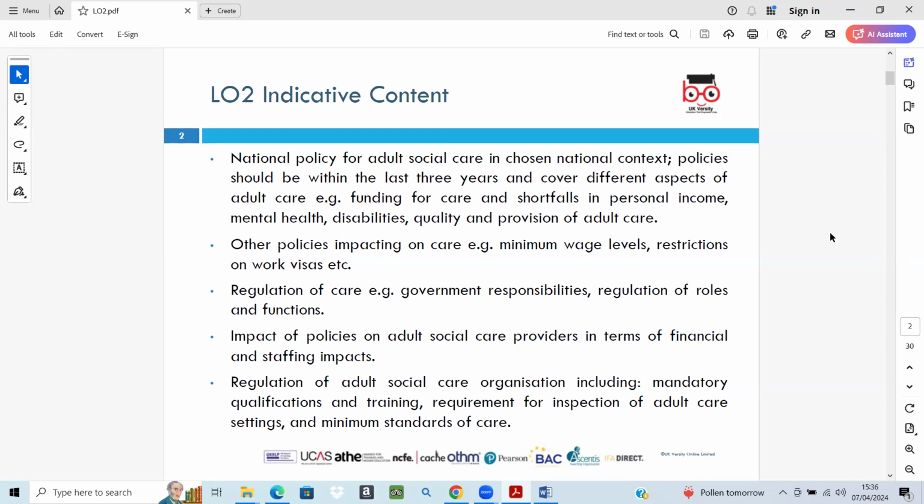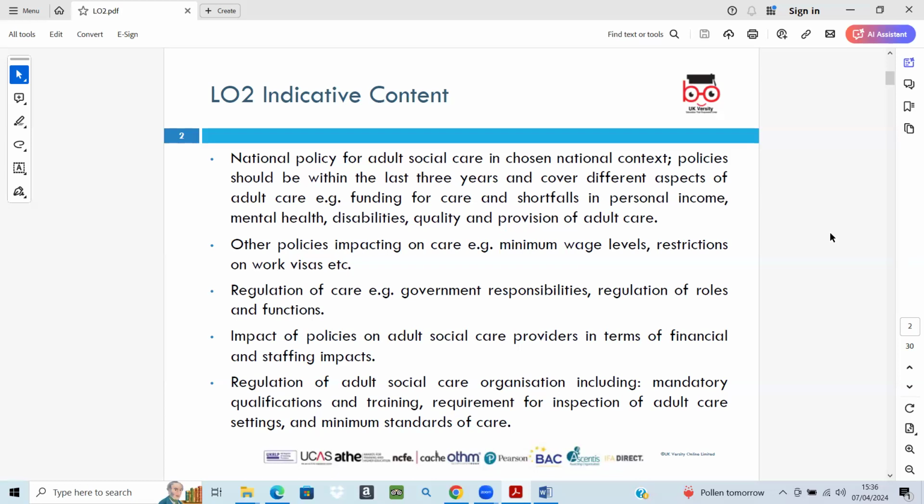There are policies addressing funding for care and individual personal income, and these are very important. For example, the introduction of the adult social care precept in England allows local authorities to raise additional funds for adult social care through council tax, which the council sometimes does.